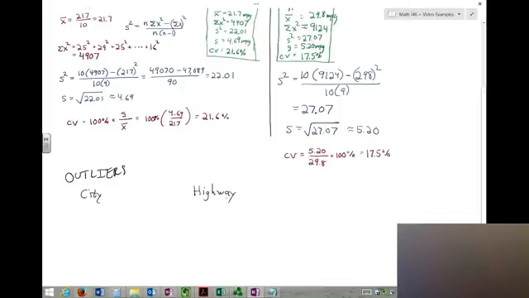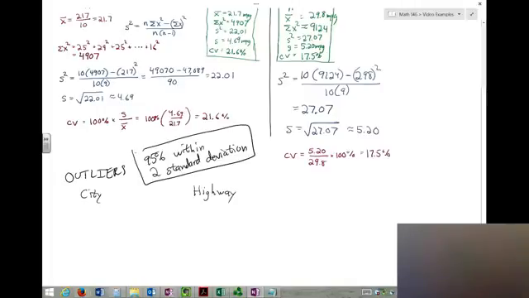Generally, for the middle 95%, remember, that is assuming this is a normal distribution, then 95%, this is part of the empirical rule, 95% of the data is within 2 standard deviations.